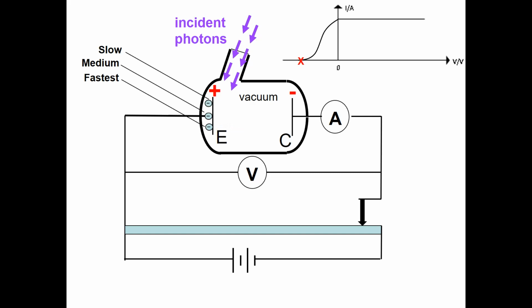What is this potential that we measure across the circuit called? It stopped all the electrons. It's called the stopping potential. So this is how the setup is used to measure the stopping potential, which is a proxy to the maximum KE of the electrons.